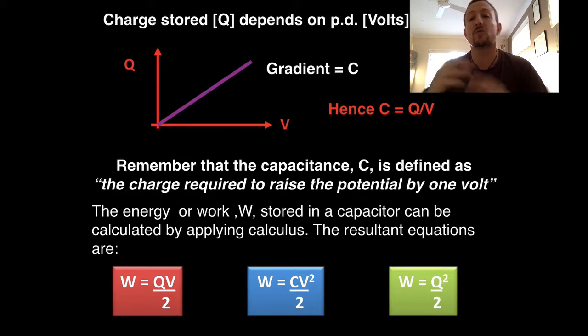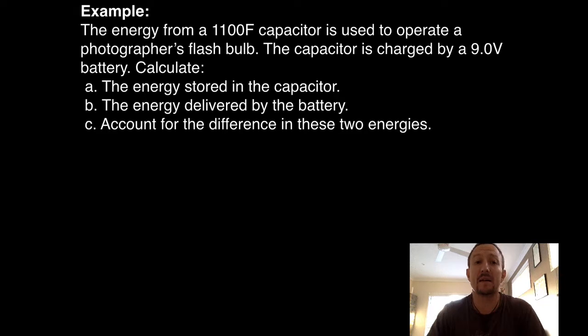All this has done is manipulate the formula and look at the area under the curve, which deals with the energy. So we can use these three equations as well as C equals Q over V to deal with a variety of problems, looking at what the capacitance of a capacitor is and how much energy it is going to be storing. So let's look at a little example here.